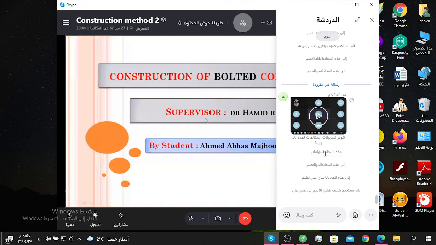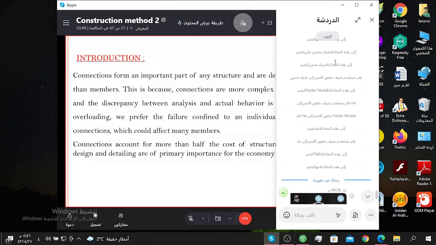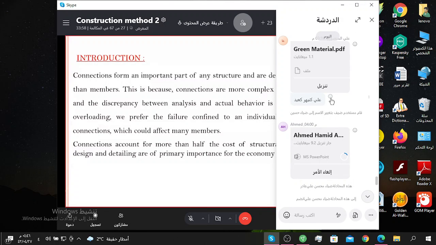Introduction. Connections are an important part of any structure and are designed more conservatively than members. This is because connections are more complex than members to analyze, and the discrepancy between analysis and actual behavior is large.